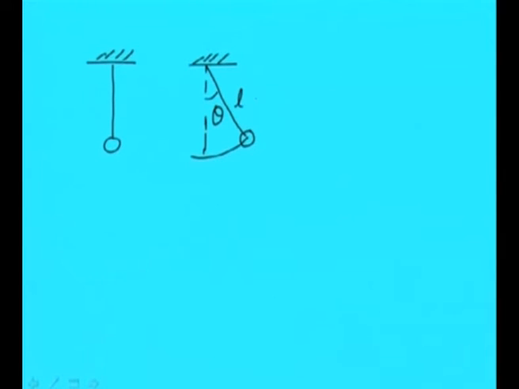This is the L length of the cord. Weight of this ball is acting downward, and the total lift of the pendulum from its equilibrium position can be obtained. That will be, because this is the length of the cord, this is theta.